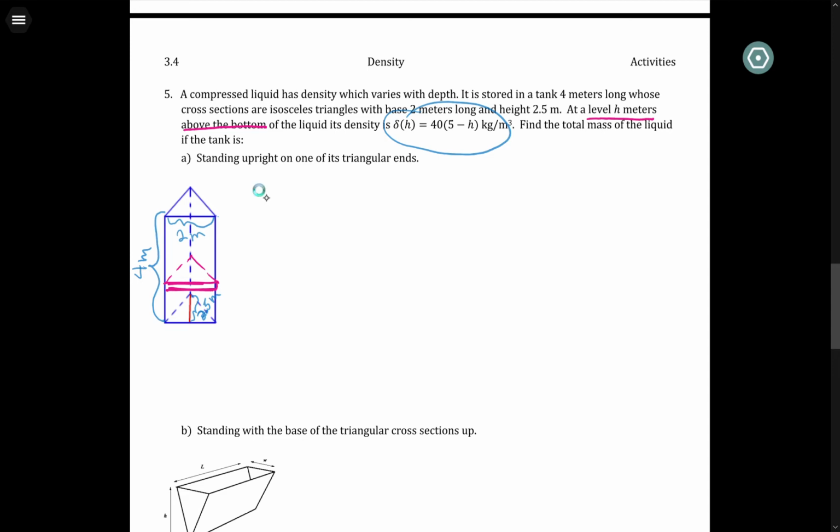So when I take my slice out and look at it, it's going to be this triangular cross section with a little bit of volume to it. This is going to be delta H tall, and the base and the height are fixed. So the size of our slice, the volume of our slice, is not changing.